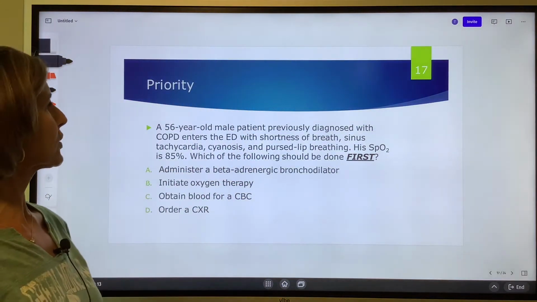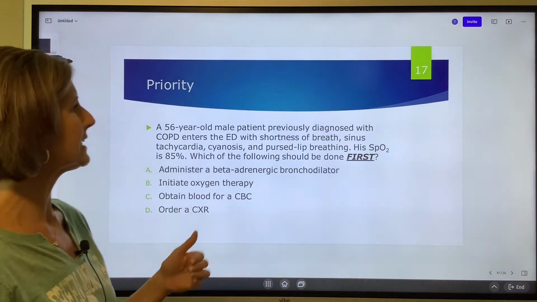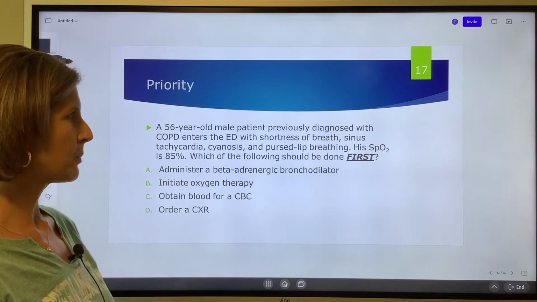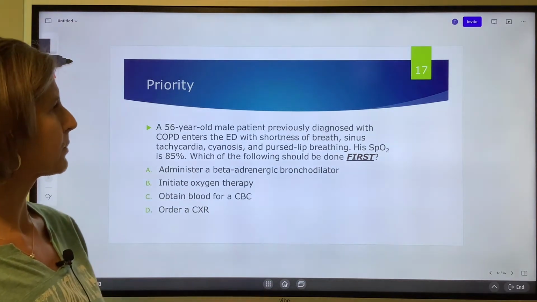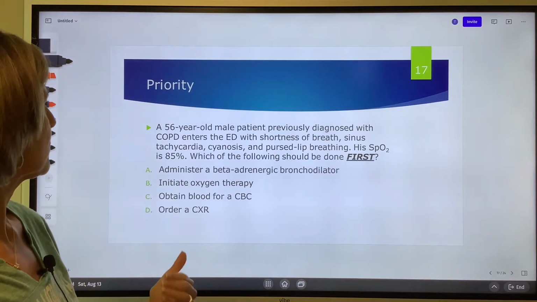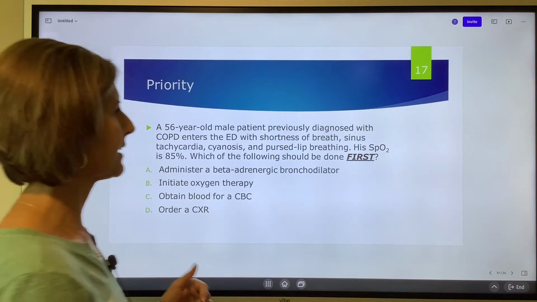A 56-year-old male patient previously diagnosed with COPD enters the ED with shortness of breath, sinus tachycardia, cyanosis, and pursed-lip breathing. His SpO2 is 85%. Which of the following should be done first?